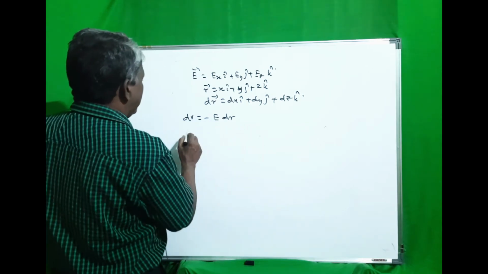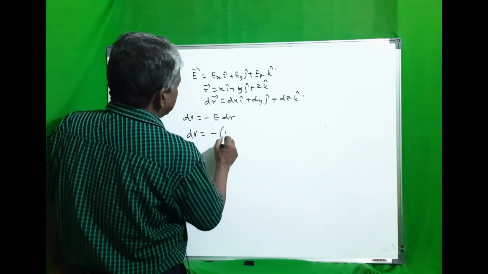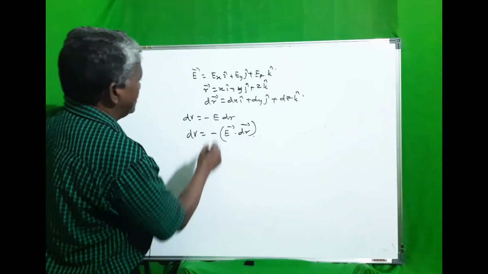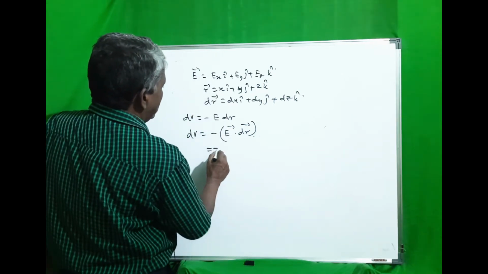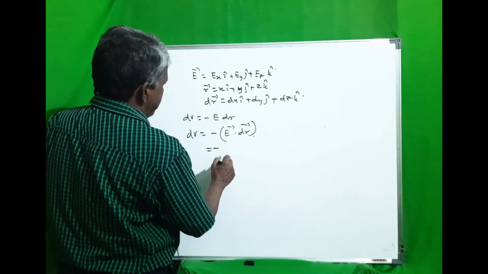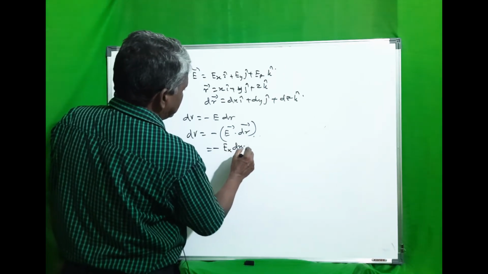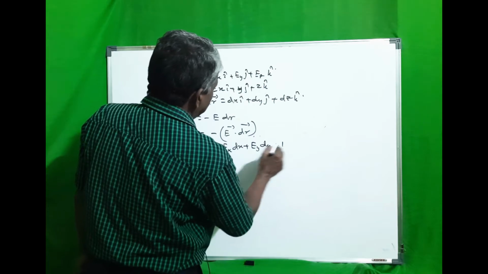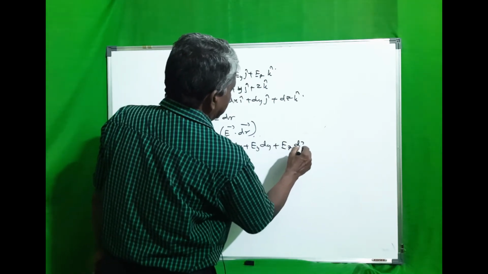Here you can write dV is equal to minus E dot dr. So the expression will reduce to minus Ex dx plus Ey dy plus Ez dz.